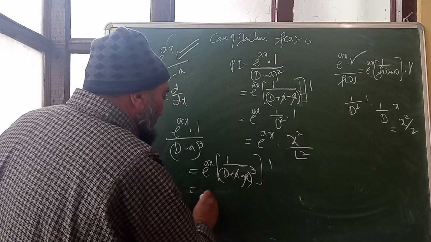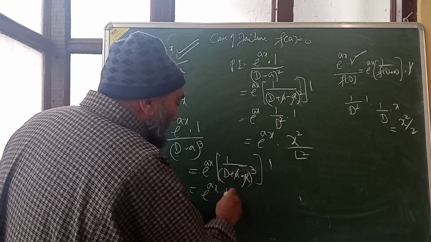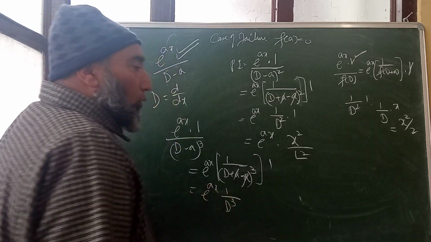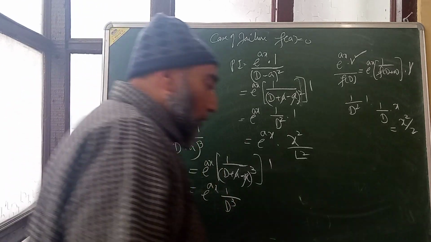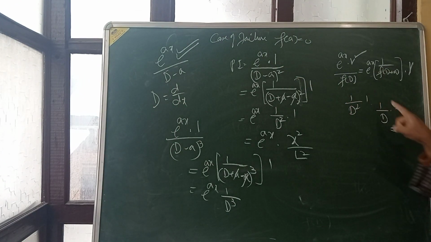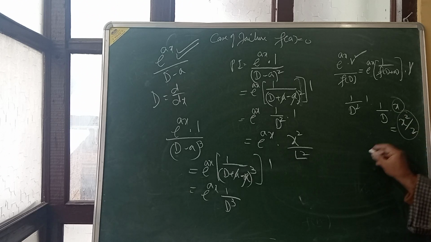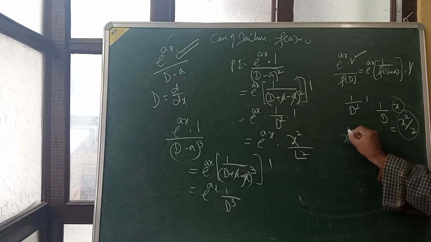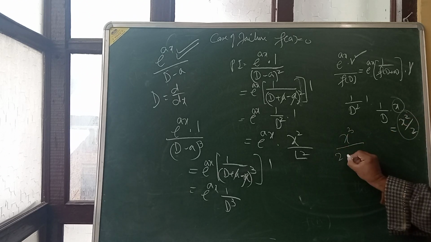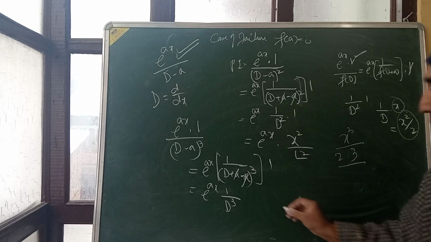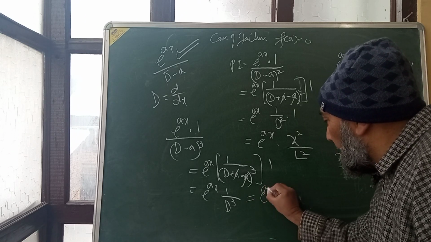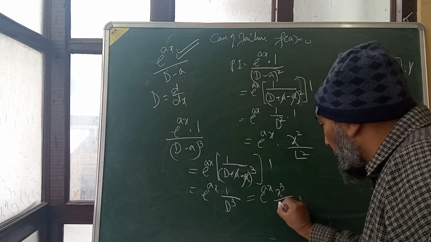So I have e to the power ax upon 1 upon D cube. So I have to integrate thrice. First time its integration is x. Second time its integration is x square by 2. And third time the integration is x cube by 3 factorial. So this is e to the power ax times x cube by 3 factorial.